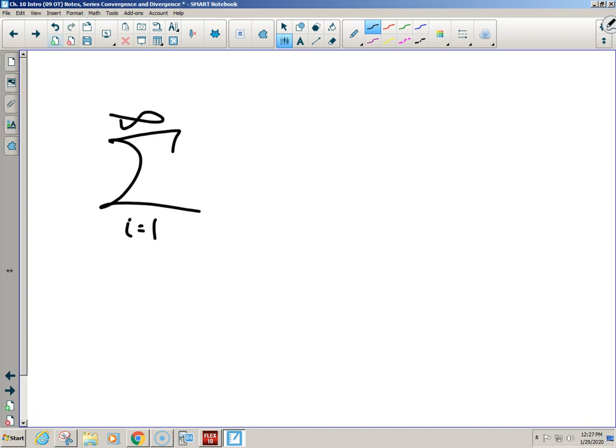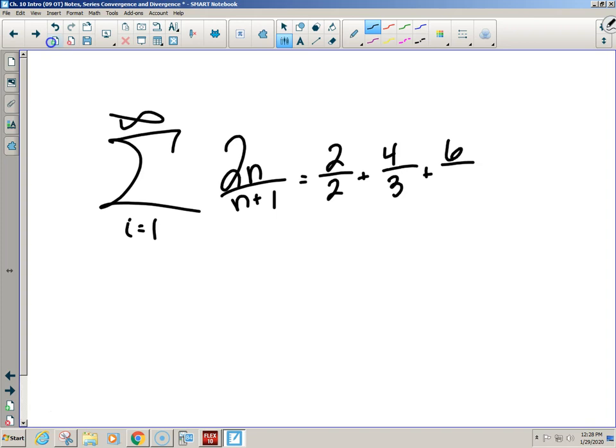We could just do something basic like, if we were to plug in 2 times 1 over 1 plus 1 is 2. 2 times 2 over 2 plus 1 is 3. 6 over 4, right?